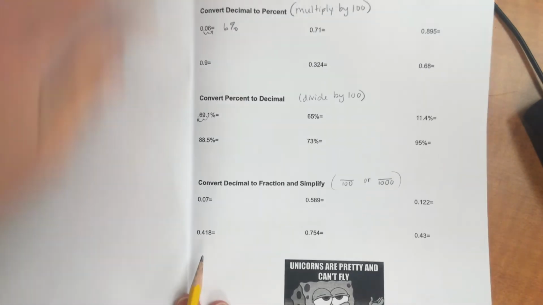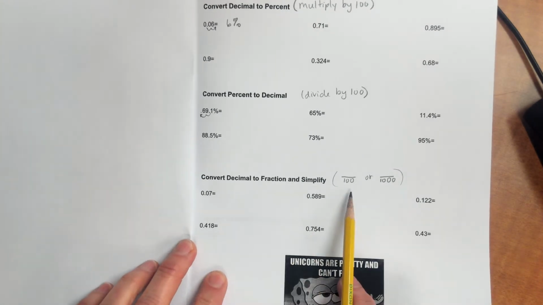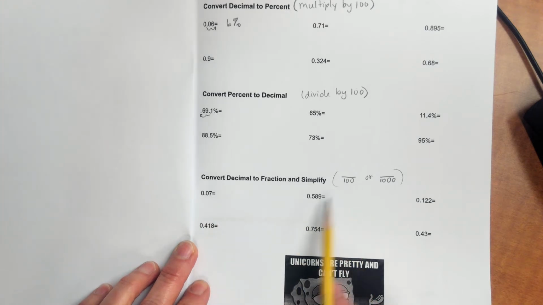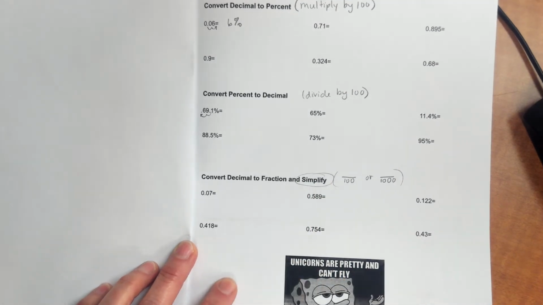For converting a decimal to a fraction and simplifying, remember, if it goes to the hundredths place, it would be something over 100. If it goes to the thousandths place, it would be something over 1,000. And then you're simplifying. The simplifying is the part that is tricky for a lot of people, so do the best you can with that.